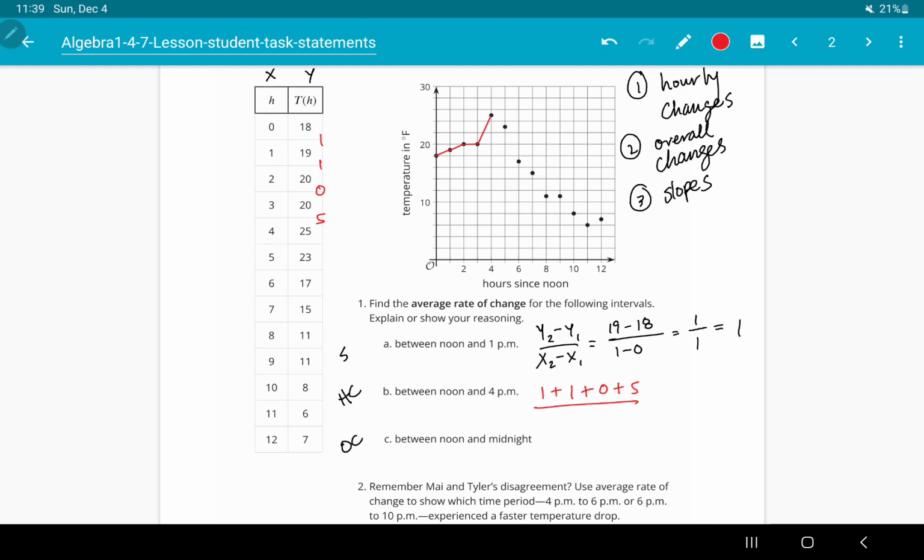And that's going to be divided by how many hours we had. So our formula here is basically change per hour divided by number of hours. And we're doing this change per hour for all of the hours.